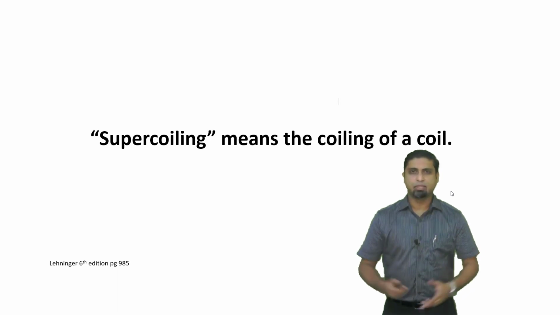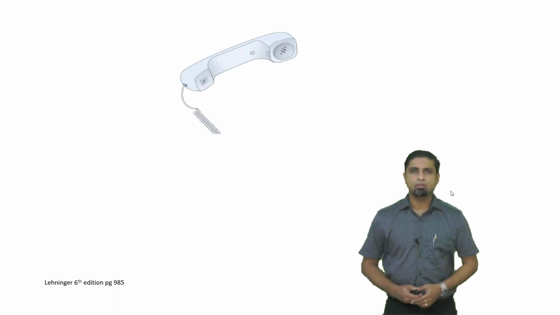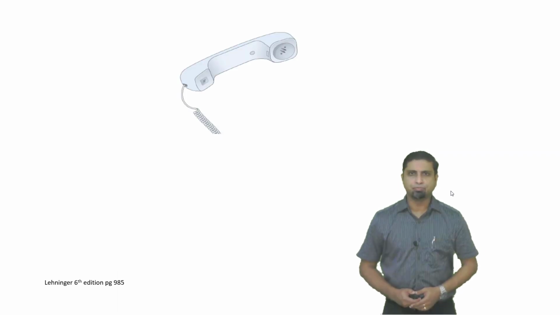What does that mean? This is a phone. A phone has got a cord, and the cord is in the shape of a coil. Now, as you can see, these coils can coil upon themselves, causing this phenomenon which we call supercoiling.